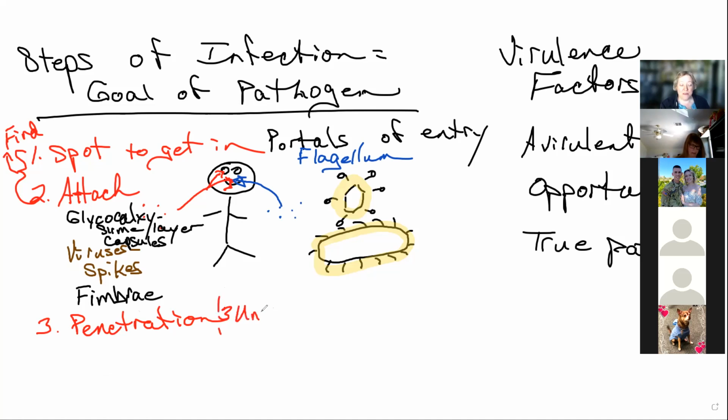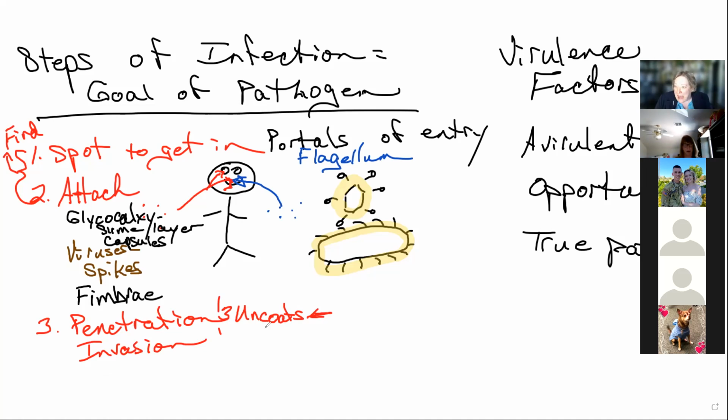Now these are specific to viruses, but we're going to tie that into what bacteria do too. So this is a part of the general step of invasion. If we're talking the virus, penetration and uncoating is where it invades the cell.